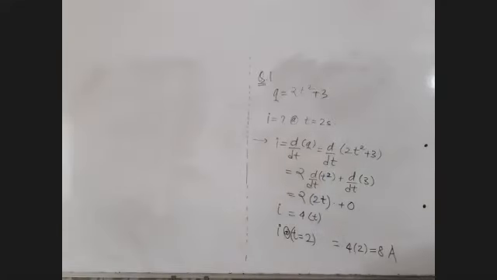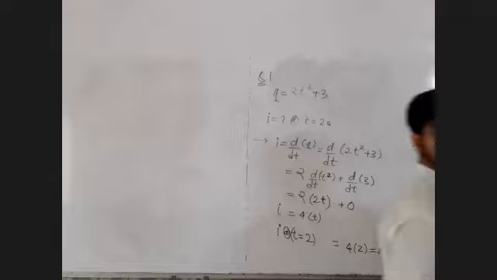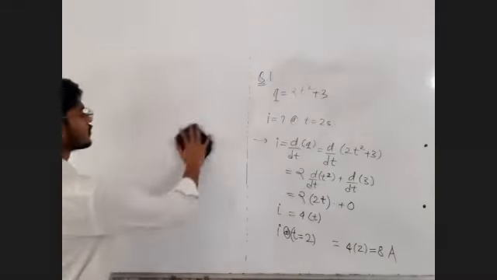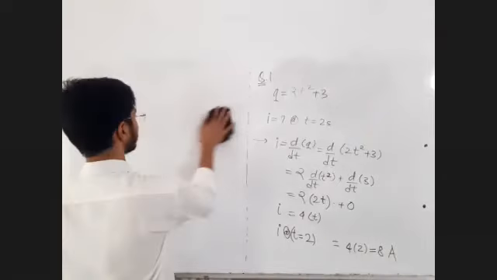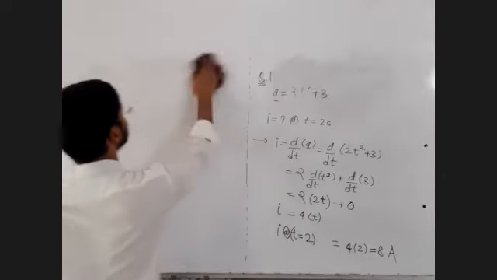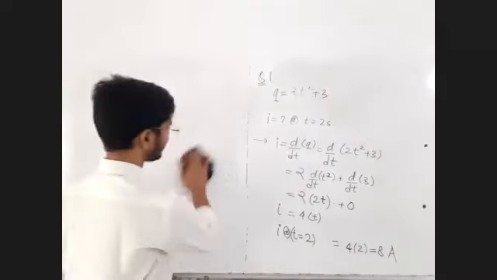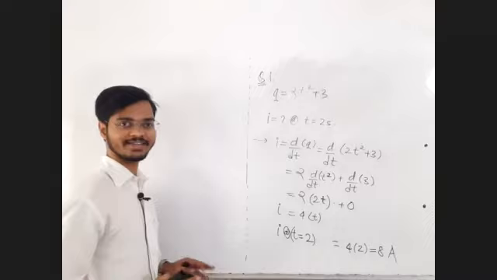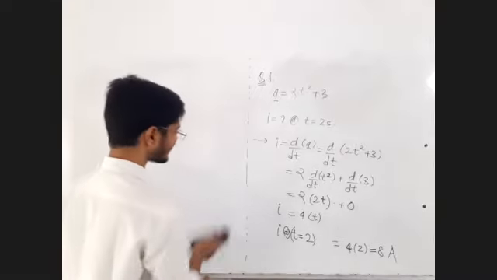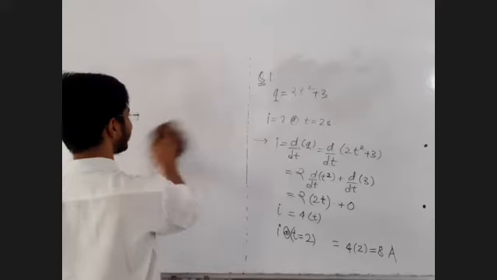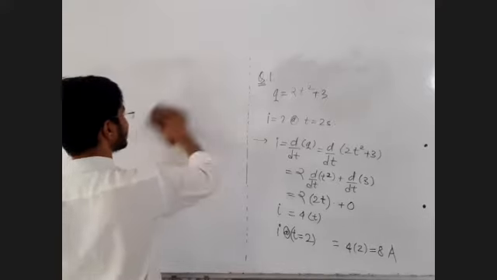Now let me tell you one fun fact. 8 ampere is a very large current. It's a huge current. When I was in engineering, when we were dealing with electronic circuits, if there was 8 ampere current in our circuit, that meant our circuit was destroyed. Somewhere there is a short circuit, 8 ampere current has flowed, which means our circuit has already burnt.